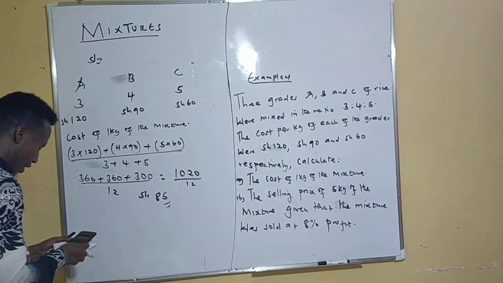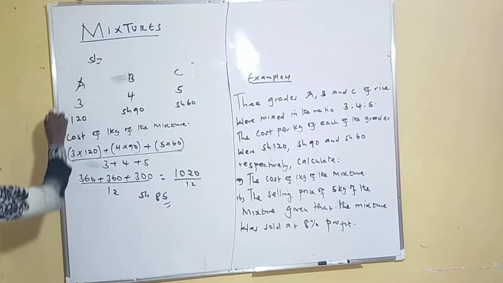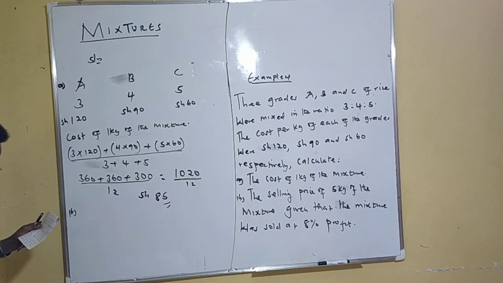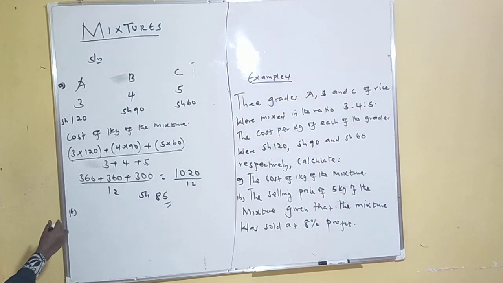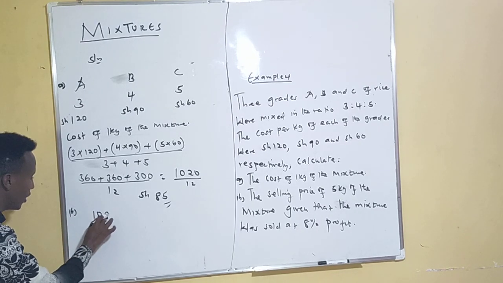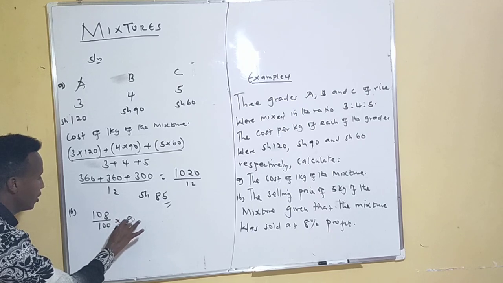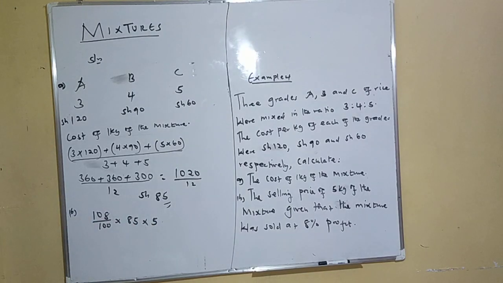That is shirin 85. This was question A. Then question B, you are told the selling price of 5 kg of the mixture, given that the mixture was sold at 8% profit. Remember, this is the buying price of 1 kg of the mixture. So we are going to say 108 over 100 times the buying price, which is 85, times 5, where 5 is the number of kgs.